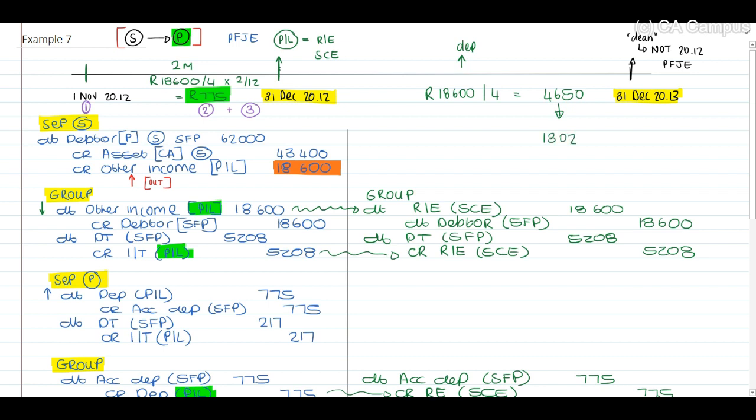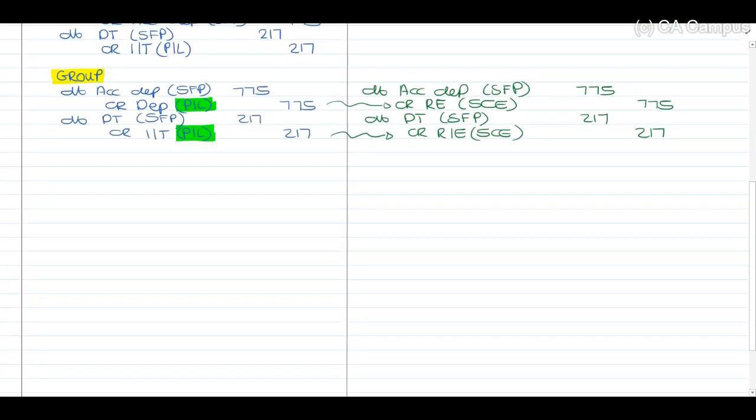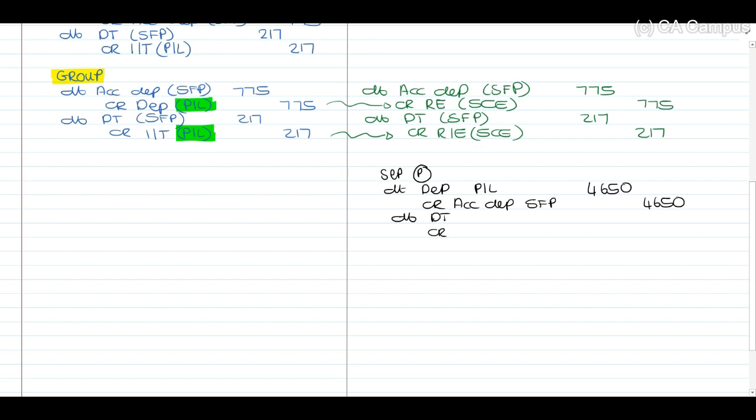Now let's first discuss what the journal entry will be in the separate records of our parent. Remember, this is not required, however, I'm using this to explain to you the journal entry in the group. Our parent will debit depreciation, credit accumulated depreciation with a 4650, and will debit deferred tax and credit income tax.